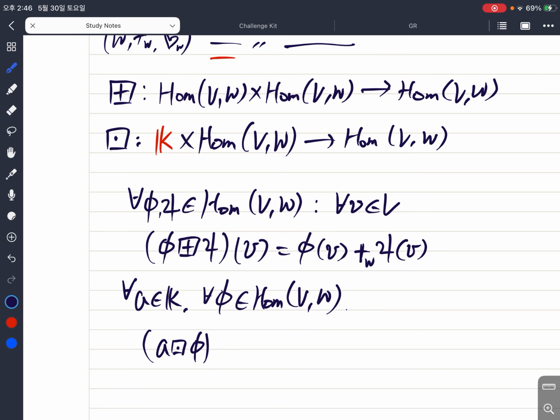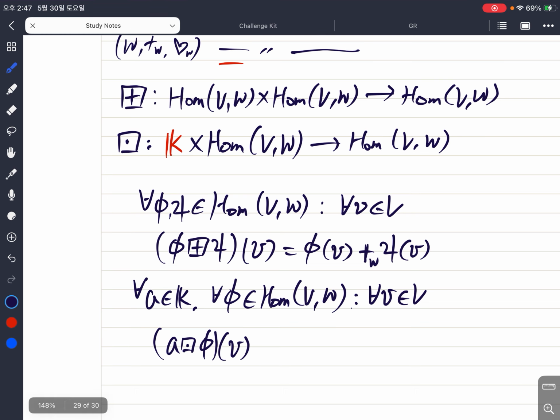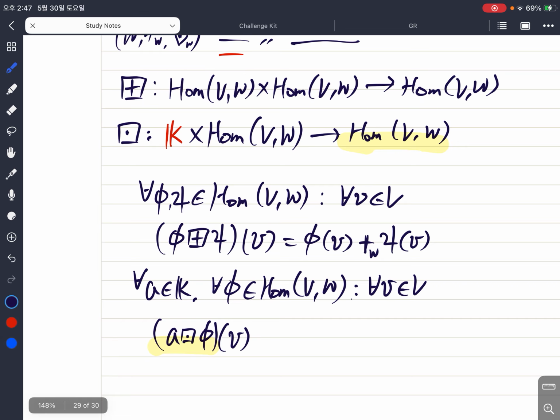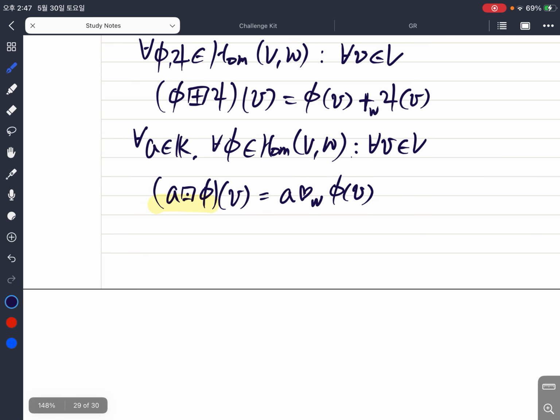We cannot say something with just a map because we don't know how to multiply a map, so we always need some v in V. Then we can act on v here, and the result should be a times phi(v), where the multiplication is the scalar multiplication in W. So this is very similar to the result from the linear map.